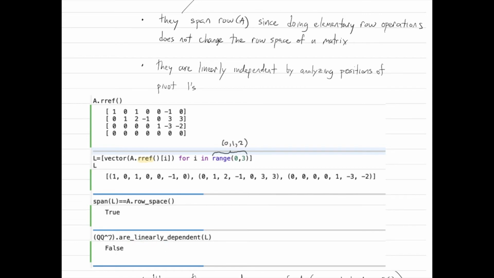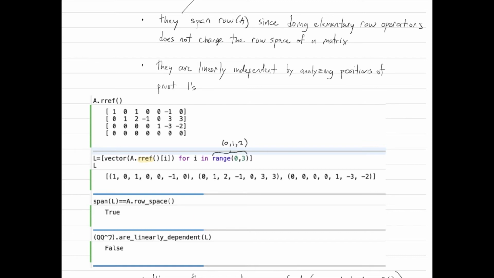And so, if we ask if they're linearly dependent, we need to tell Sage what vector space we're in. These are all vectors in Q^7 or R^7, since they have 7 components. And then we ask, are they linearly dependent? And Sage says it's false. They're not linearly dependent, which means they're linearly independent, which means, together with the fact that they span, that they form a basis for the row space of A, which is what we wanted to find.